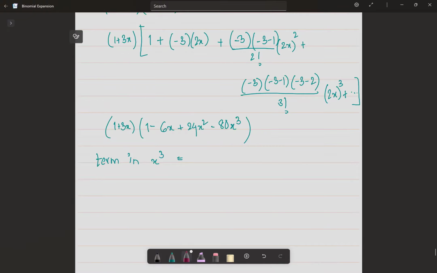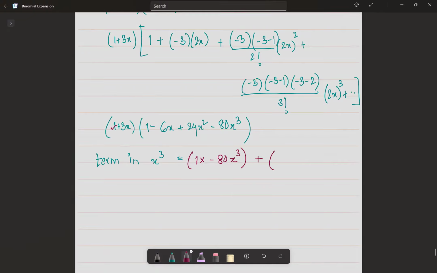So what should we multiply with 1 to get x cube? 1 into 1 is going to give us a number. Multiplied with 6x is going to give us a term in x. Multiplied with this one is going to give us a term in x squared. If we multiply with this, then we get a term in x cube. So 1 multiplied with minus 80 x cube gives us a term in x cube.